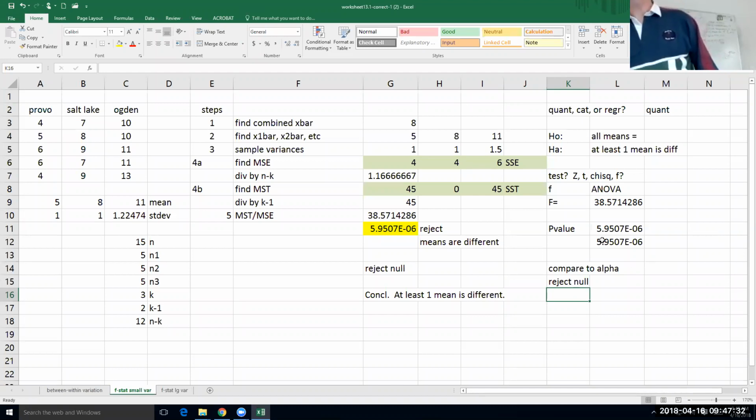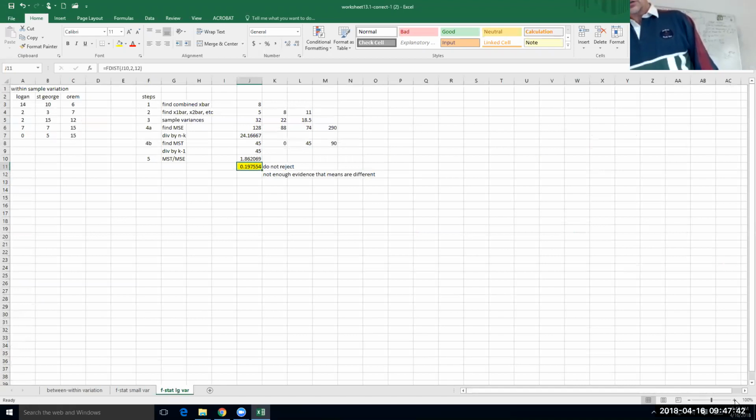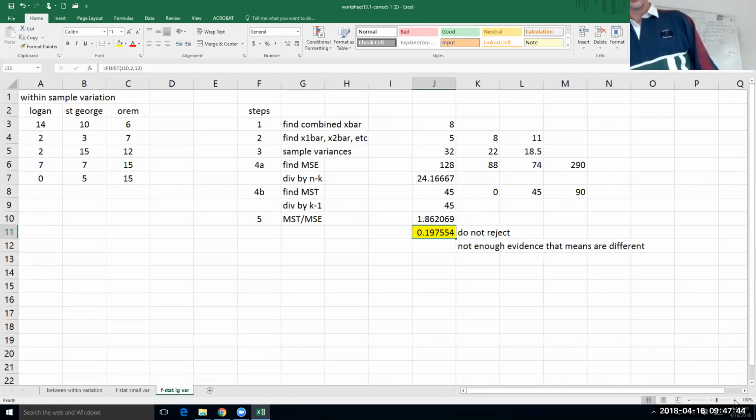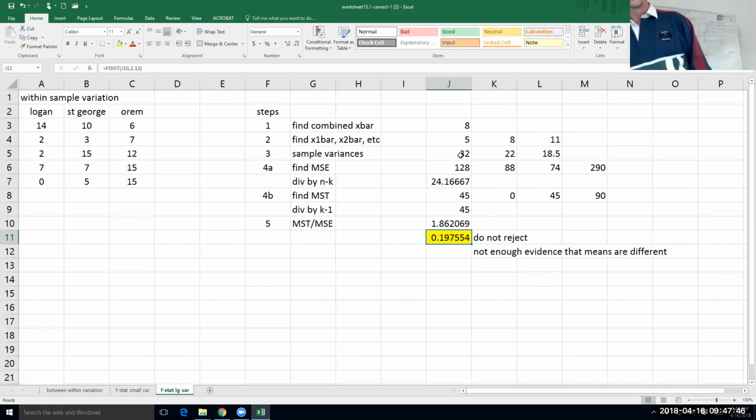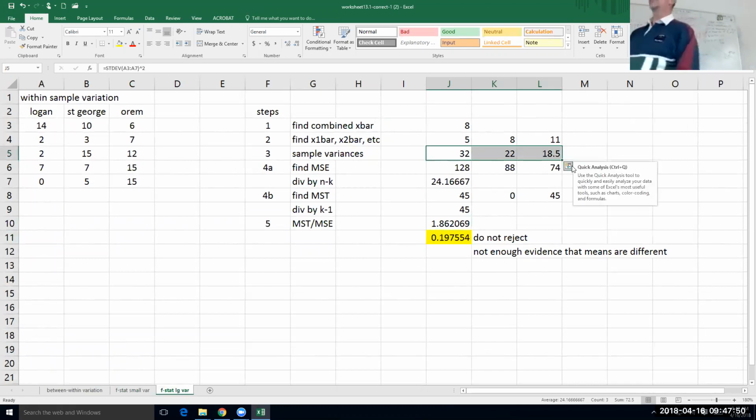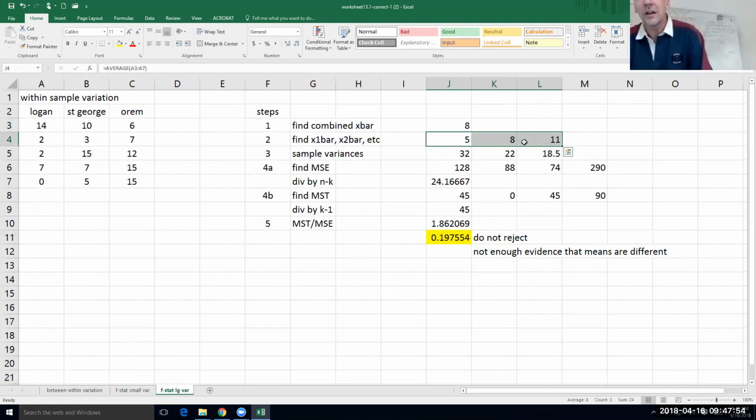Now, really quickly, we've got a couple minutes left. We've only got about 3 minutes left. But I'm just going to race through the same thing with Logan, St. George, and Orem here. Now, this one has a much larger standard deviation and much larger variance. We get the same values here.